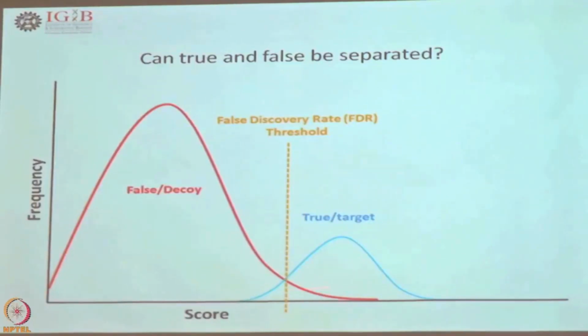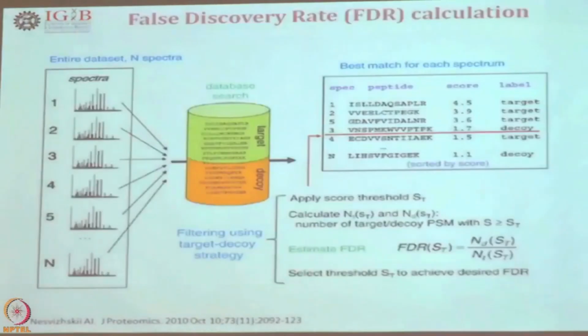It is generally calculated like this: every 1 incorrect in 100 correct. So, 1 in 100 is a 1% false discovery rate, and at a 5% false discovery rate, 5 incorrect are allowed for 100 true positives. This was again very nicely covered by Nesvizhskii in the Journal of Proteomics, 2010.